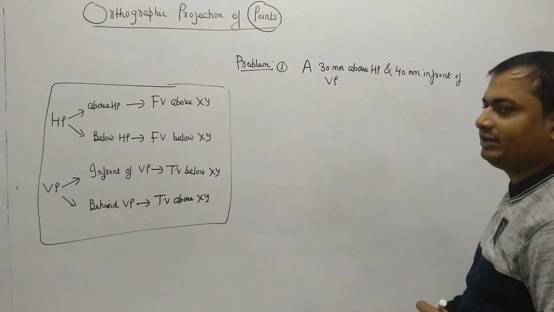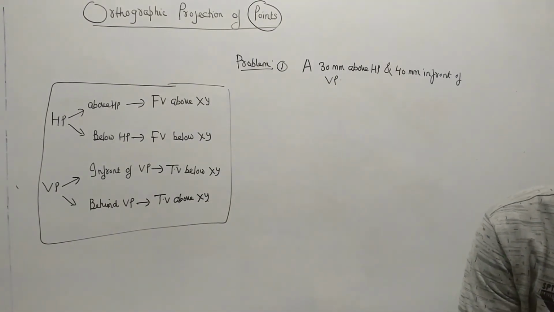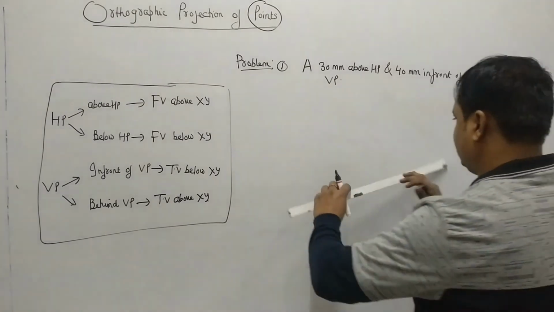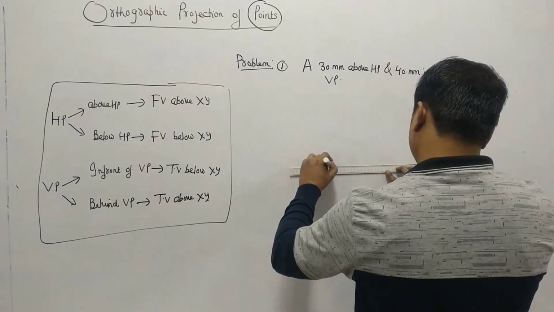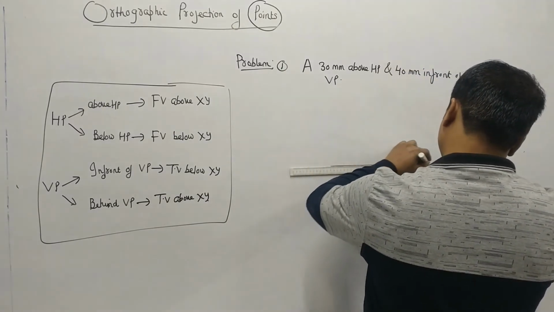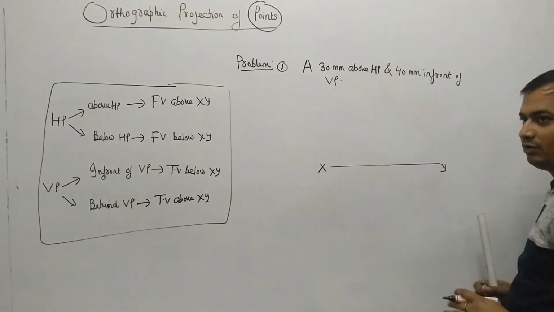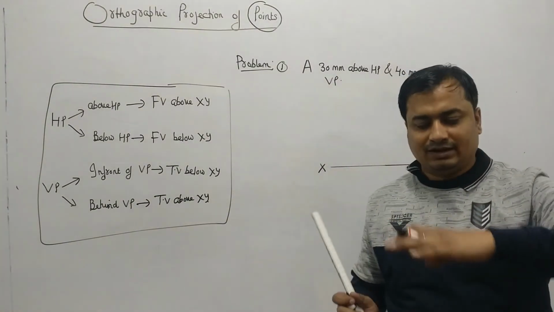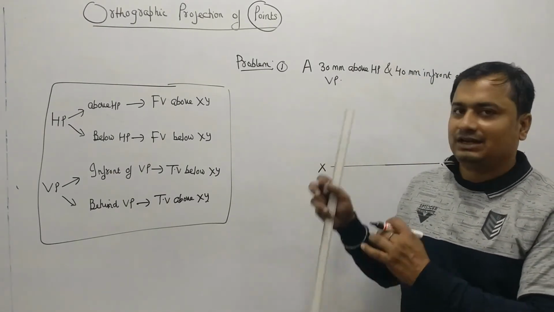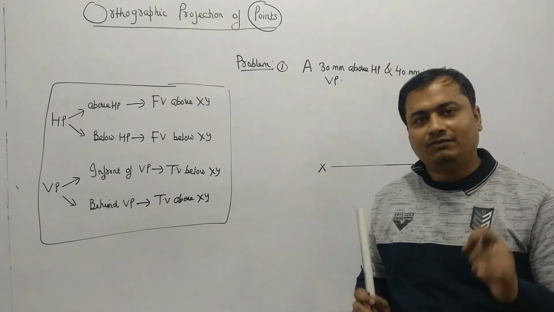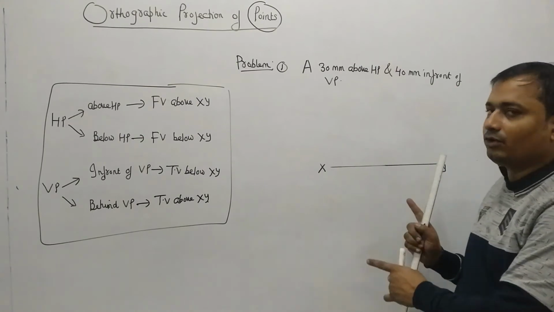Draw its projection. The steps are very simple. First you have to start with the reference axis. Draw the reference axis and name it capital X. Always start with the reference axis. In all projection problems, projection of points, lines, planes, solids, you have to start with the reference axis. Whenever you want to draw the projection, first draw the reference axis.